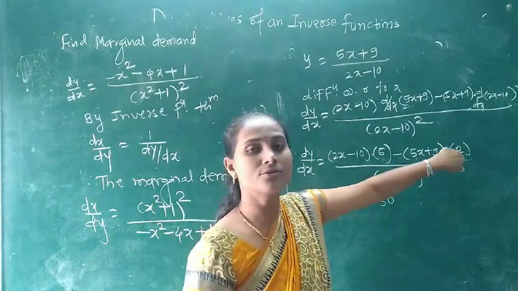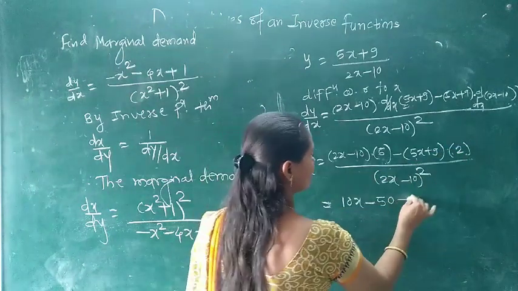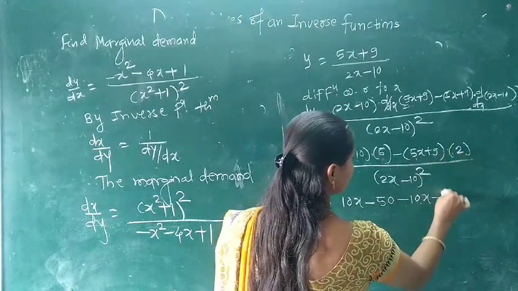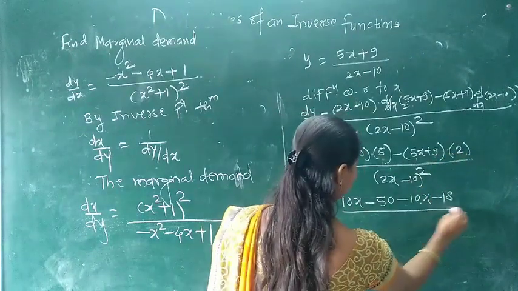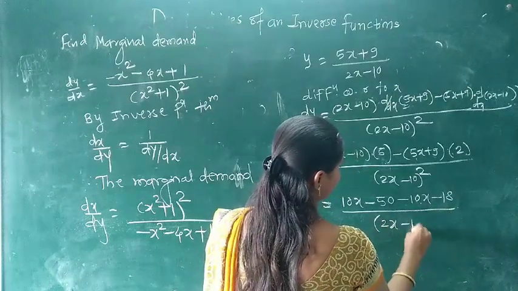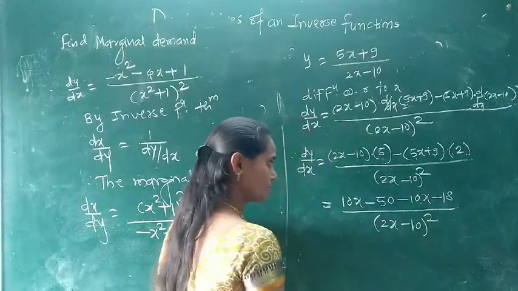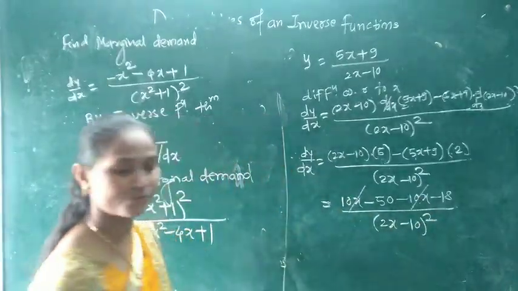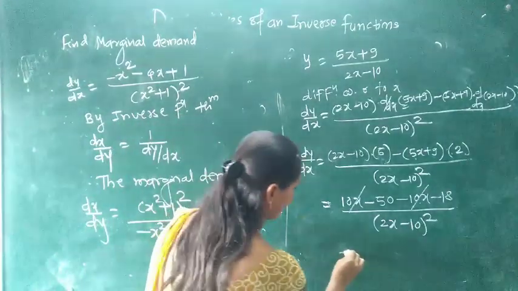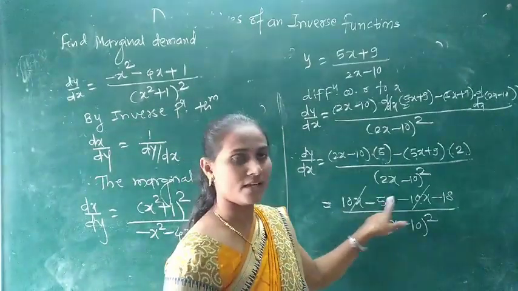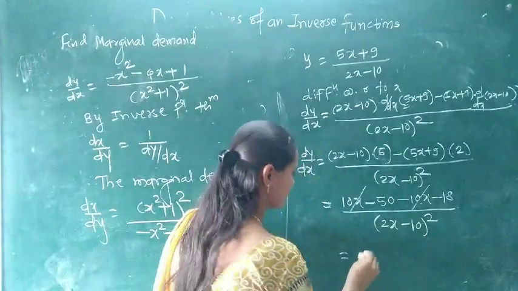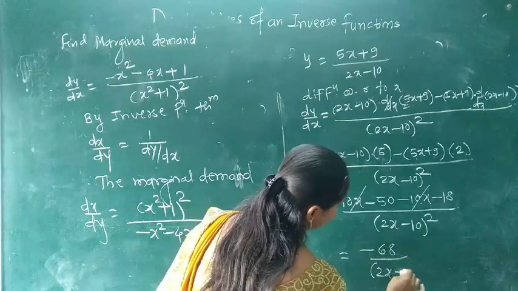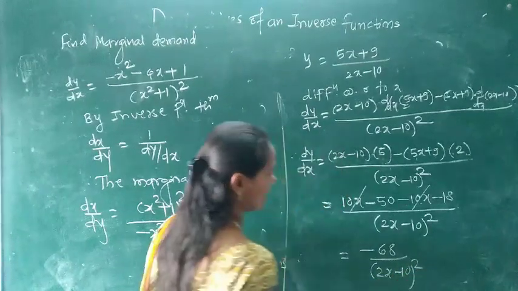Now 5x into 2 is 10x, and here is a minus sign, so minus 10x, and 9 into 2 is 18, minus 18, upon (2x minus 10) whole bracket square. Now here plus 10x and minus 10x, so these terms get cancelled and the remaining terms are minus 50 and minus 18. So that is minus 68 upon (2x minus 10) bracket square.